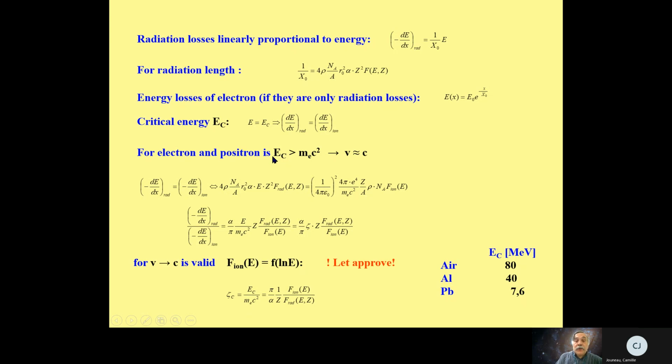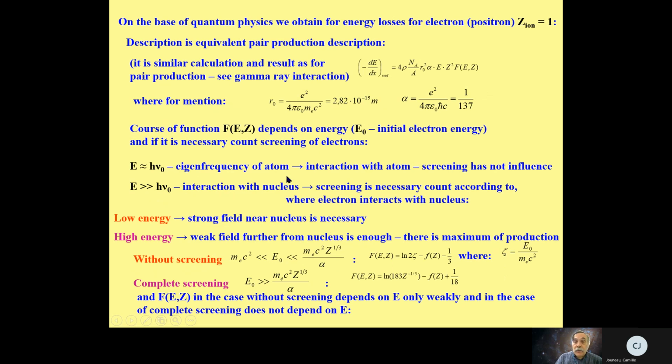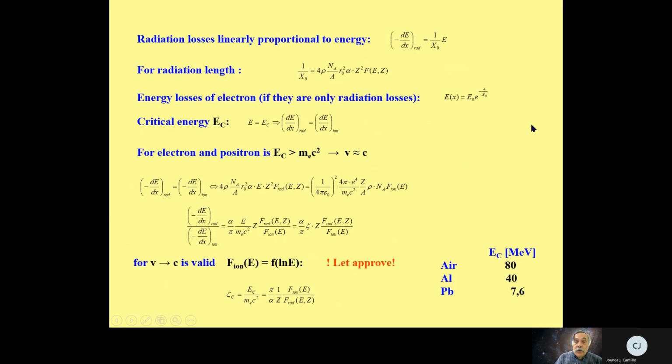For electron and positron, this critical energy is higher than the rest energy of the electron, and the velocity of this particle is near the velocity of light. You know how the radiation losses look, and you know how the ionization losses look.